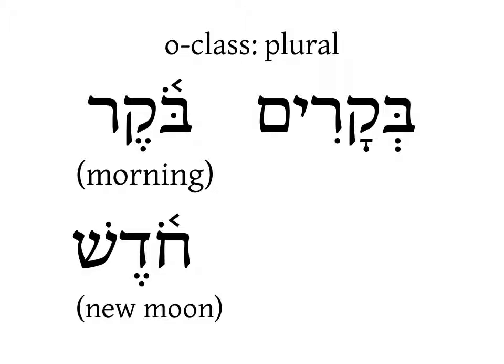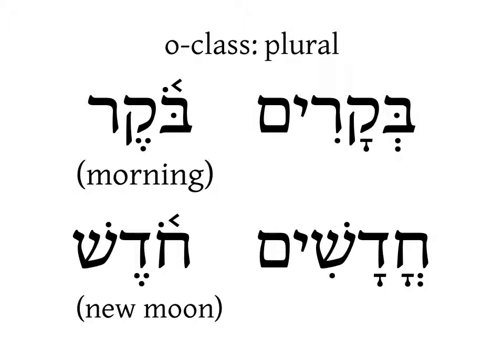When we have a word like chodesh, beginning with a guttural consonant, when we go to its plural, we get chodashim, but instead of a vocal shava under the chet, we get chatef kamatz, a very small holdover of the original O that we see in the singular with chodesh.